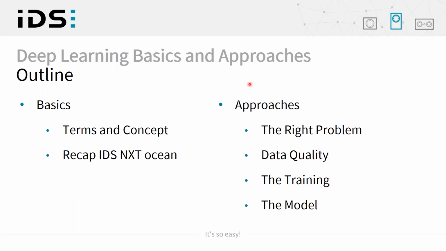Then we'll switch to a bit more practical part where it's really about how to approach a deep learning problem. And the first question will be, what's the right problem? How does a good data set look like? What options do you have, and what happens behind the scenes in Lighthouse during the training? And what options do you have when choosing a model for the camera?